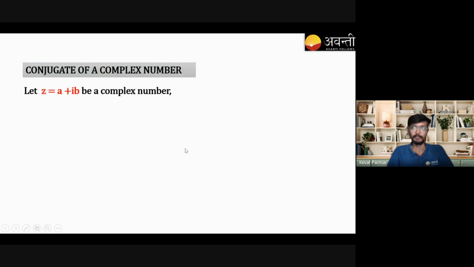So next, conjugate of a complex number. What is the conjugate of a complex number? The conjugate of a complex number is basically the number where the imaginary part changes in sign. That means if z equals a plus bi is a complex number, the imaginary part is ib. So ib will change its sign from plus to minus, and the conjugate is denoted by z bar.